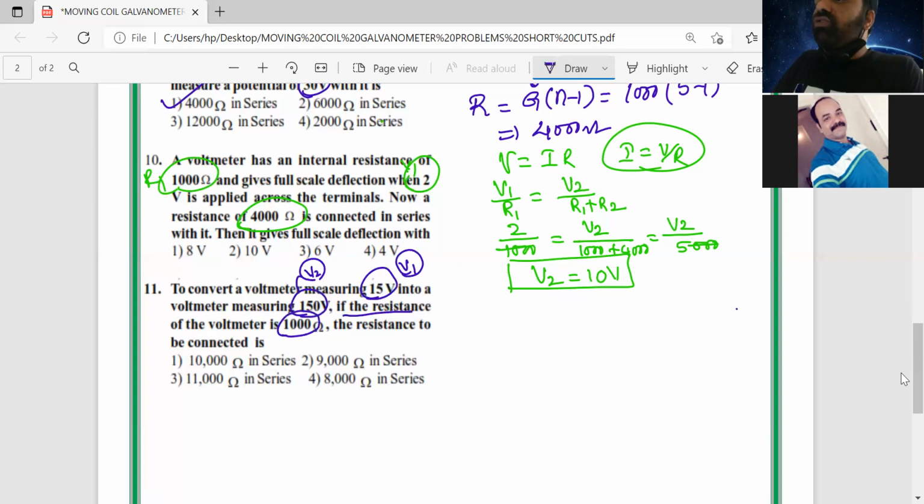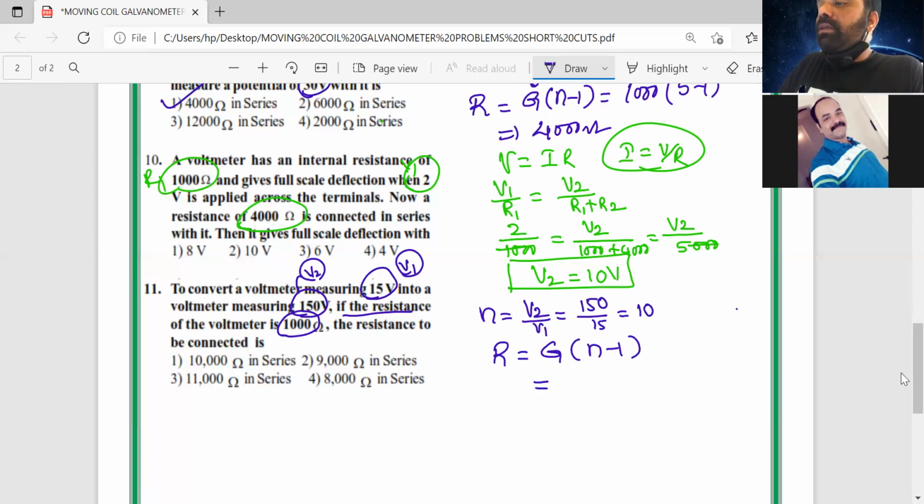First find n, which is V2 by V1, 150 by 15, it becomes 10. Resistance R is equal to G into n minus 1. G is given as 1000, n is 10 minus 1. It becomes 9000 ohms. It is a voltmeter, so the resistance should be connected in series.